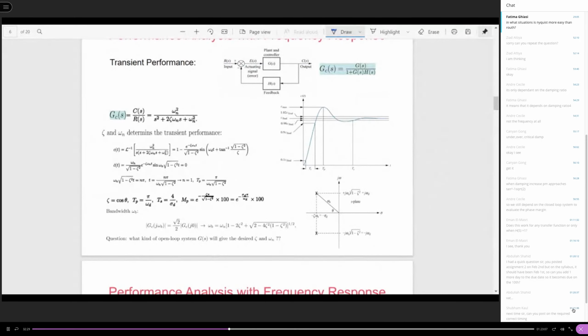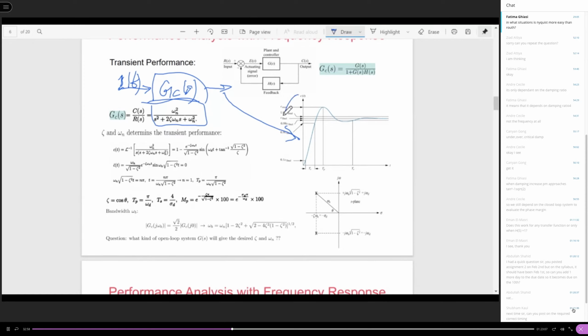We are using the standard second order system, right? Basically this is your second order system. You use a unit step signal here and evaluate the unit step response of this second order system.